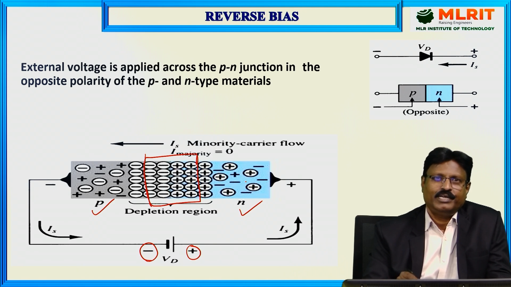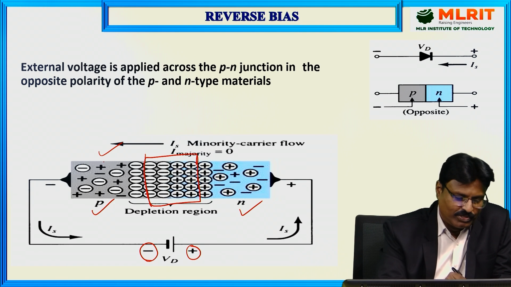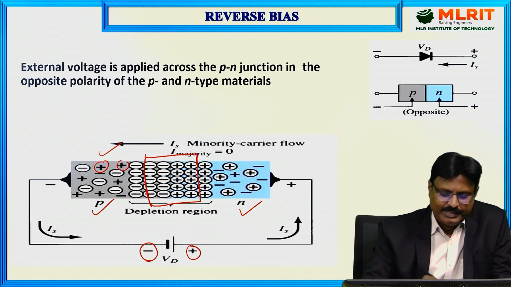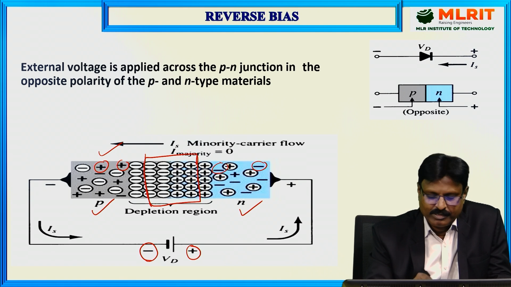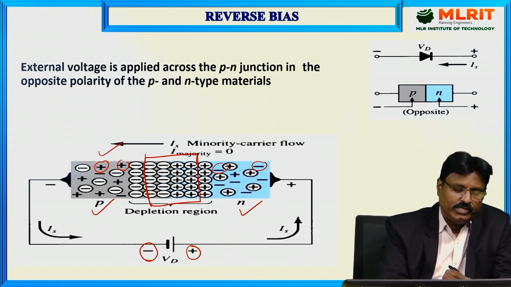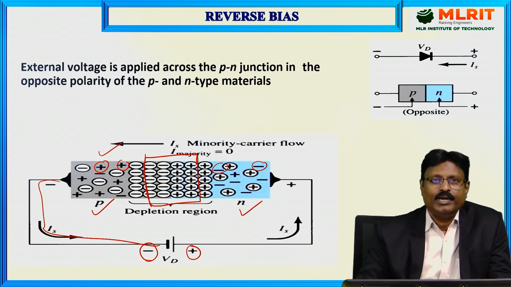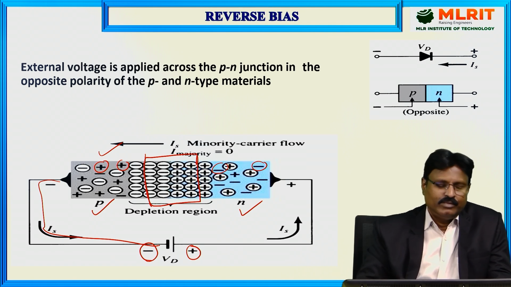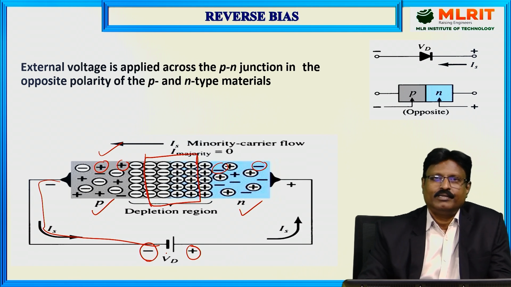Let us check here. In the P side, what are the majority carriers? Holes. These are the holes. And in the N side, the majority carriers are electrons. On the P side, the majority carriers are holes, that means a positive charge, and that is connected to the negative terminal of the battery. So this is a positive charge hole and this is a negative terminal.